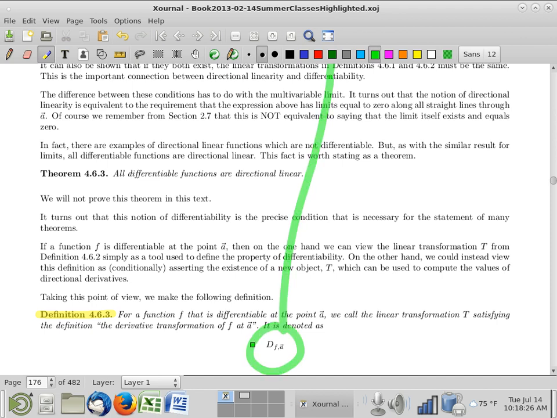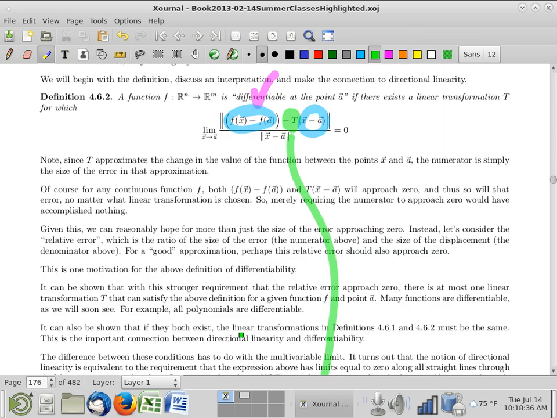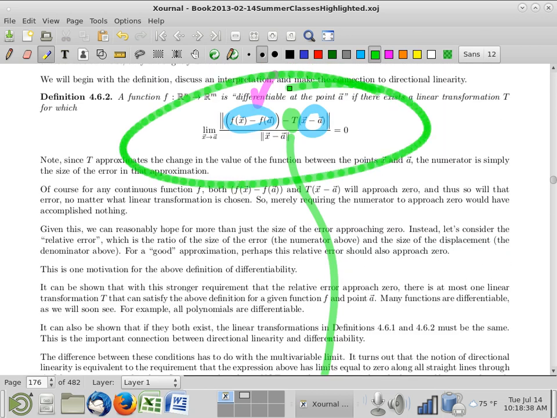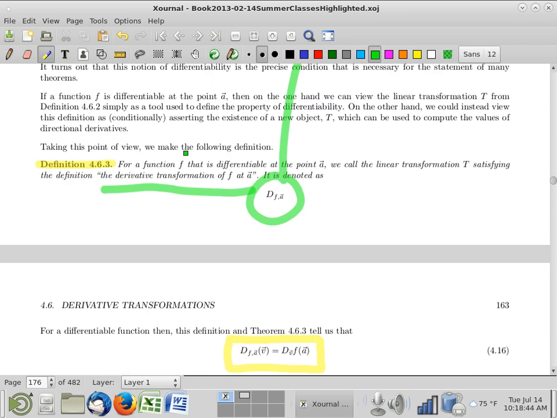We call that the derivative transformation of the function. So it's a linear transformation. It is the linear transformation that makes this work. So it's called the derivative transformation of the function.